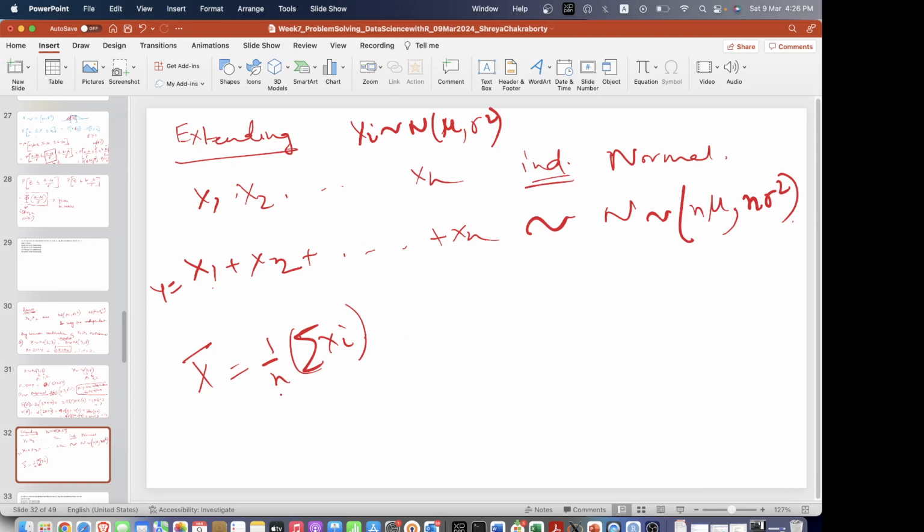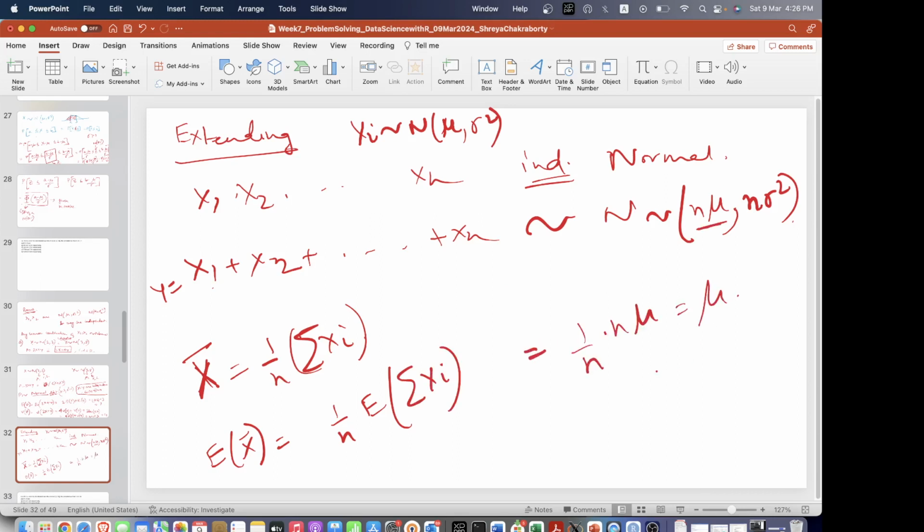Now if I have to find the mean, the sample mean x bar would be 1 by n summation xi. Expectation of x bar would be 1 by n expectation of summation xi, that is n mu. So this would be 1 by n into n mu, that is mu.